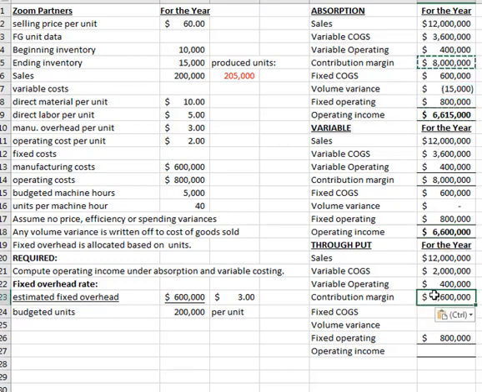All right, so now fixed cost of goods sold here under throughput is going to be considered the labor and the overhead, variable and fixed manufacturing overhead.